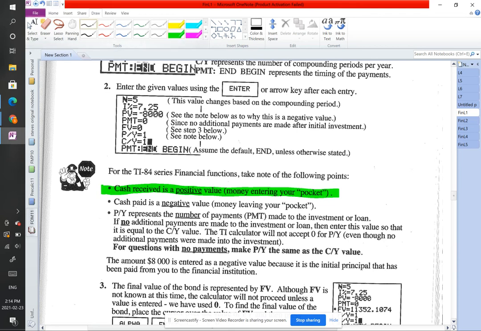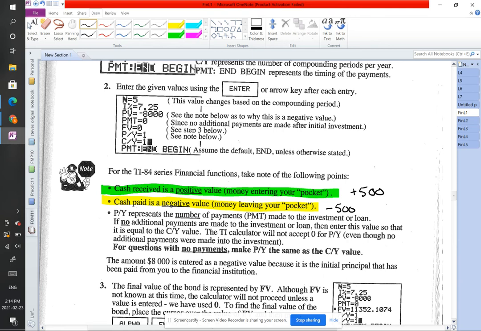So if you borrow $500 from the bank, that is positive $500. Cash paid is negative value. So if you are paying any money or you're investing money to the bank, that's money out of your pocket going to the bank. That's a negative value. So if we were saying, I'm going to invest $500, it would be negative 500 if you're entering there.